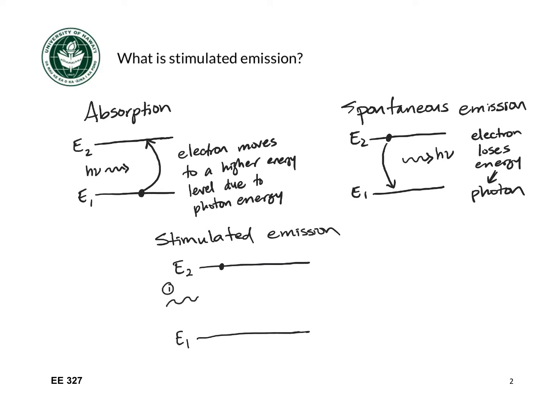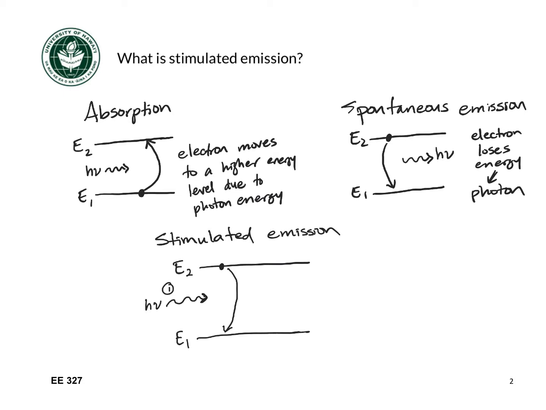And let's label this photon as photon 1. And this photon 1 has energy h nu. Now when this photon enters this system, it will be a trigger to cause the electron to fall back down, or fall down to the lower energy level.